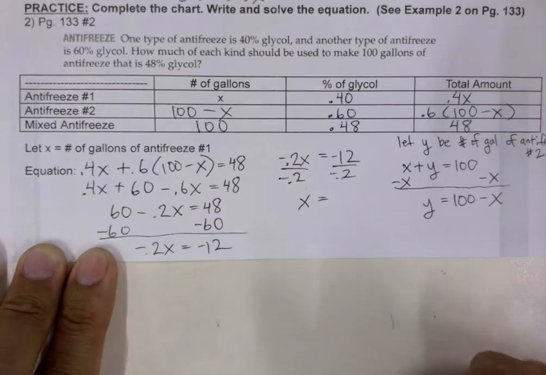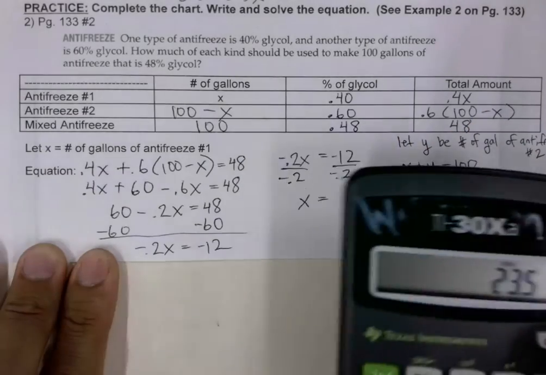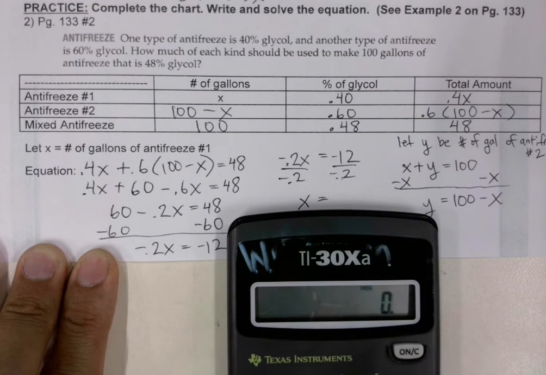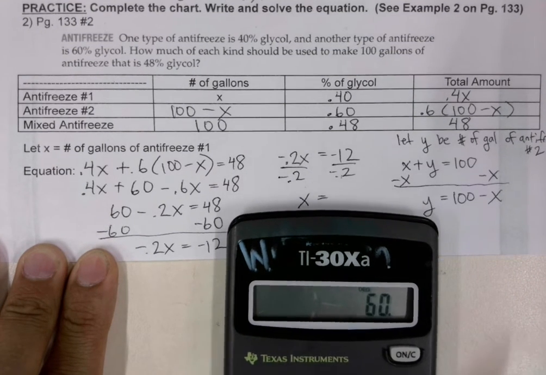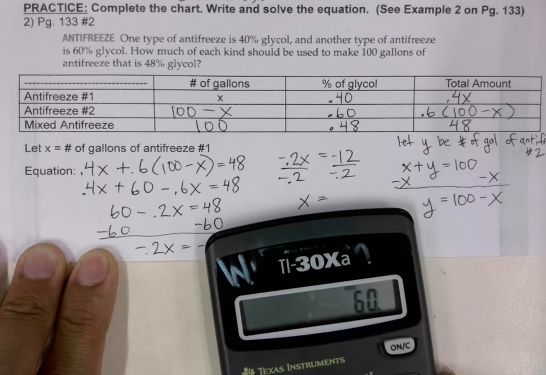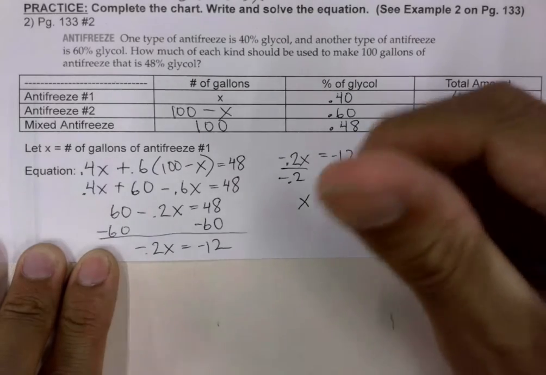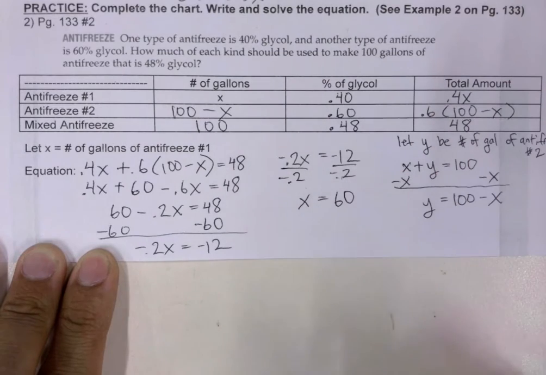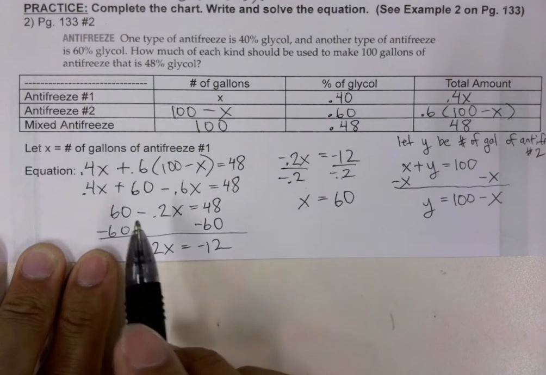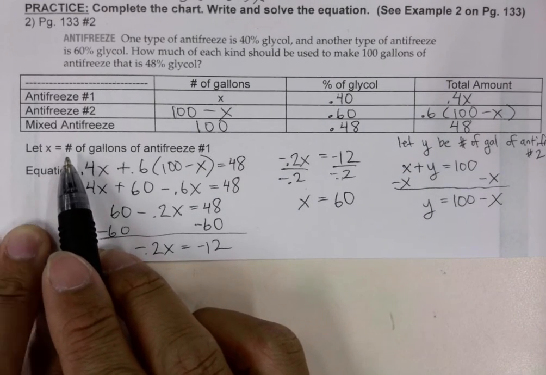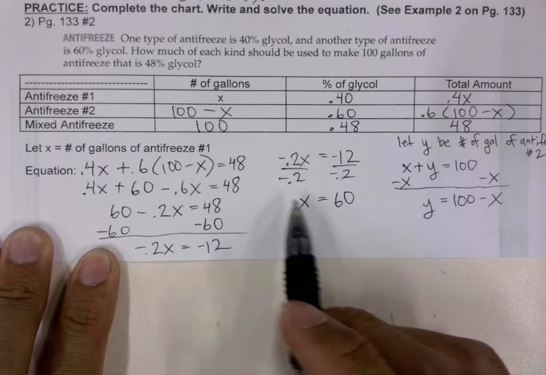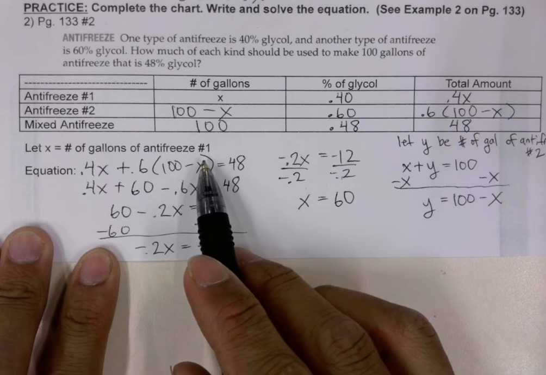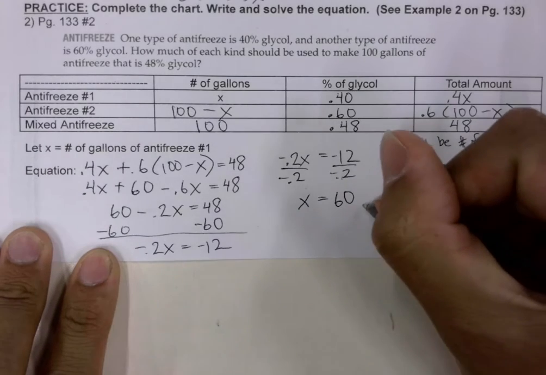And if you drop that in a calculator, 12 divided by 0.2 is equal to positive 60. So x is the number of gallons of antifreeze 1. And how many gallons of antifreeze 1 do we need? We need 60 gallons.